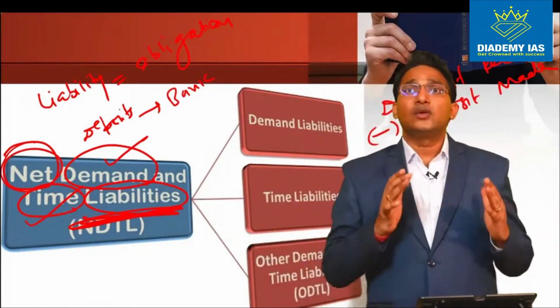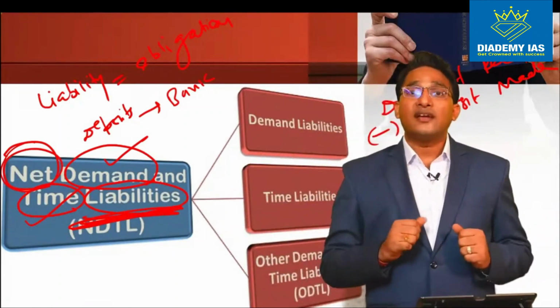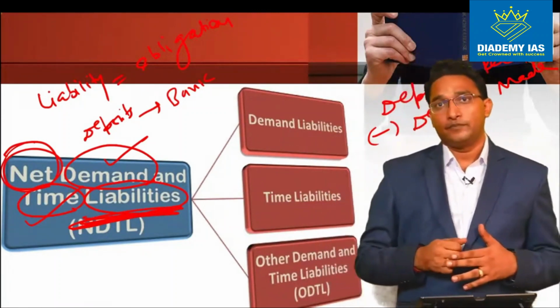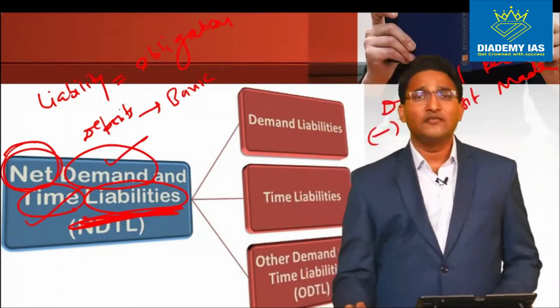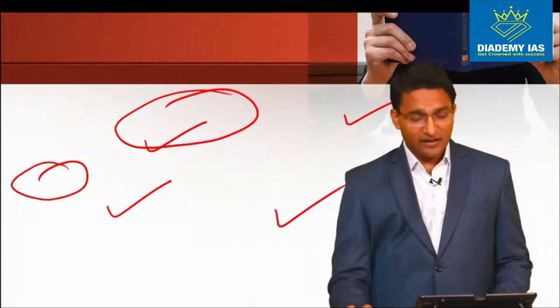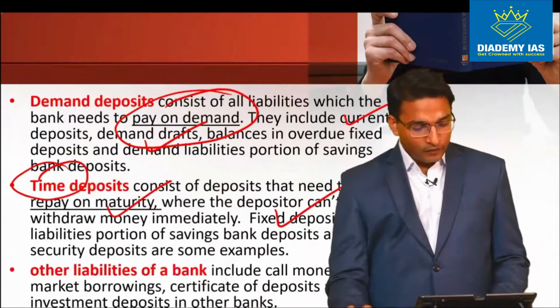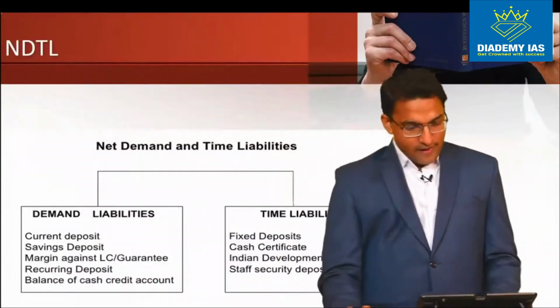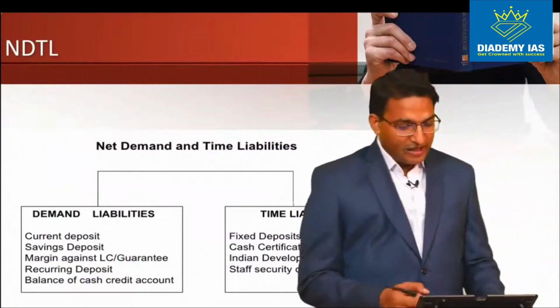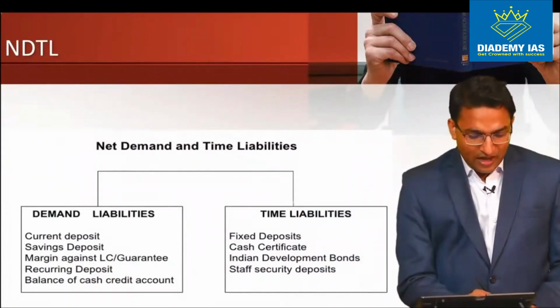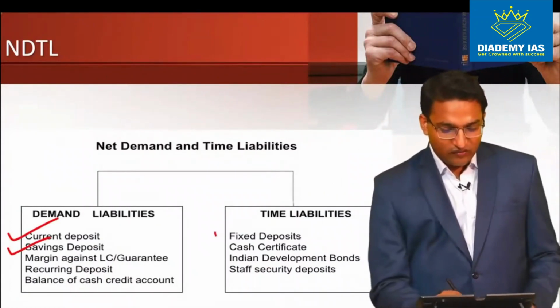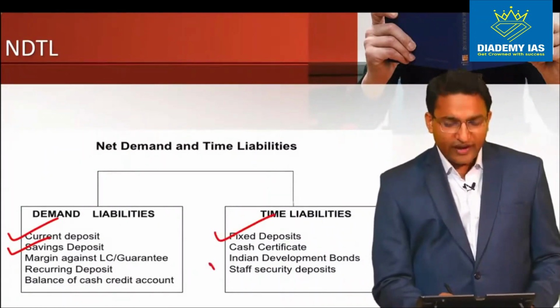So it has a total of 90 crore net demand and time liability, right? So this is what we mean by the NDTL, or net demand and time liability. Demand liability can be in the form of current account, saving account. Time liability can be in the form of fixed deposit or different kinds of bonds.